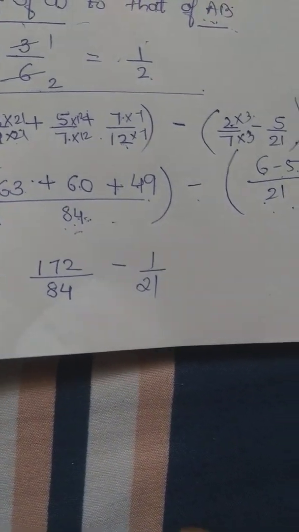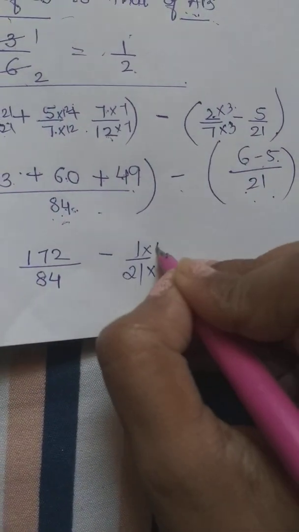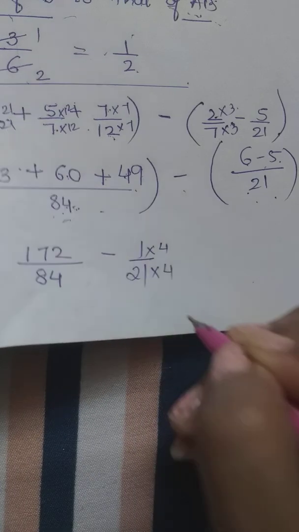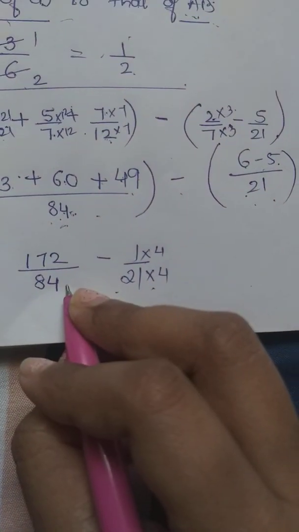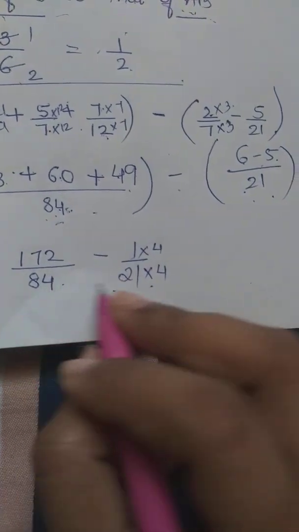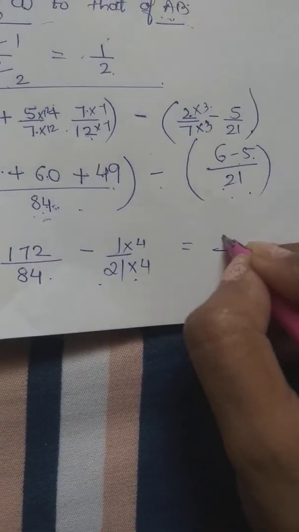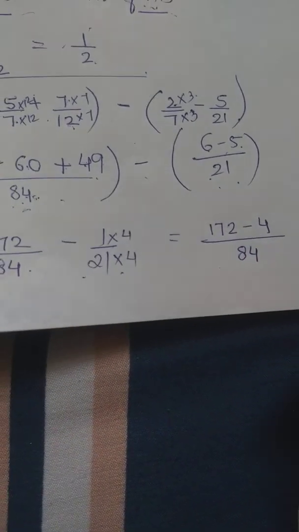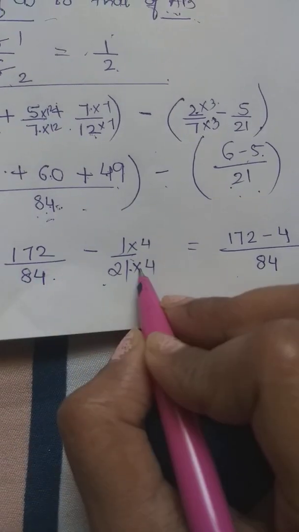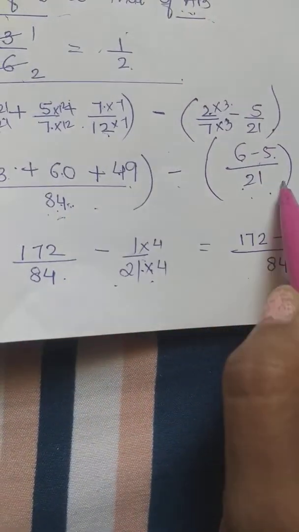Now again make the denominator the same, multiplying by 4. 21 multiplied by 4, 84. So make the denominator the same, 84 in common, 172 minus 4. Earlier it was unlike fractions, make them like.